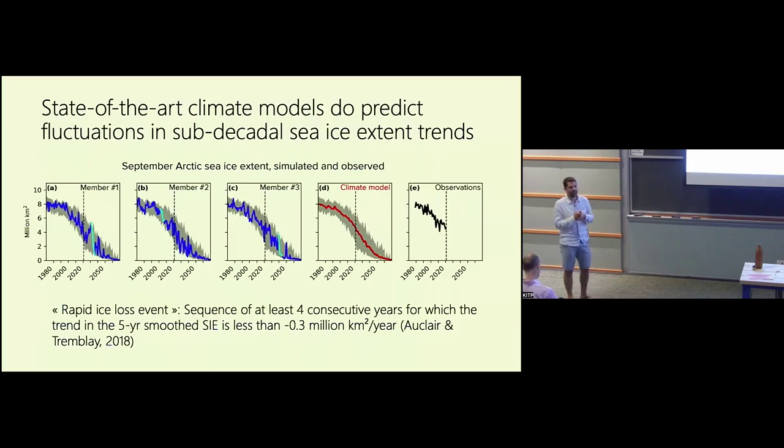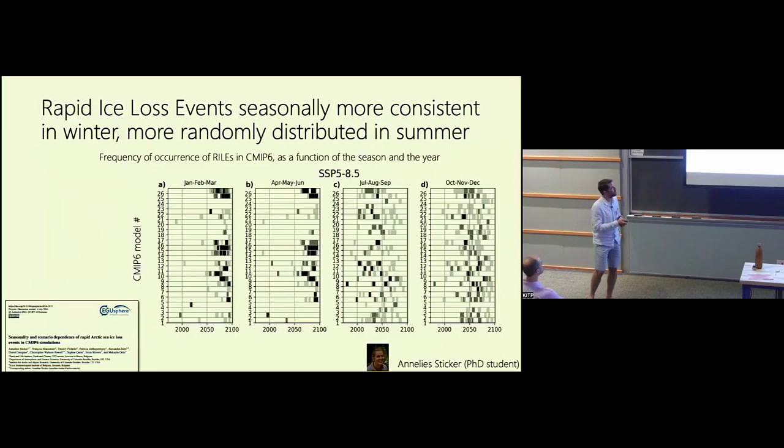So obviously this is a very concerning question, but in this project we want to quantify the ability of current climate models to predict these, let's say, high-frequency fluctuations. And so the starting point of the analysis was to first produce a climatology or an anatomy of these RILEs in CMIP models.